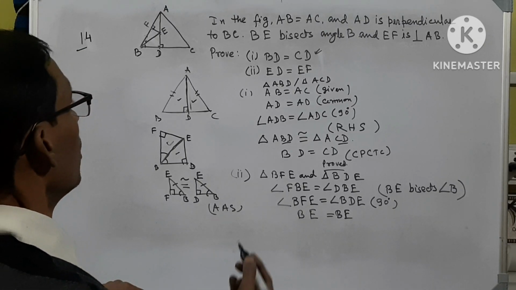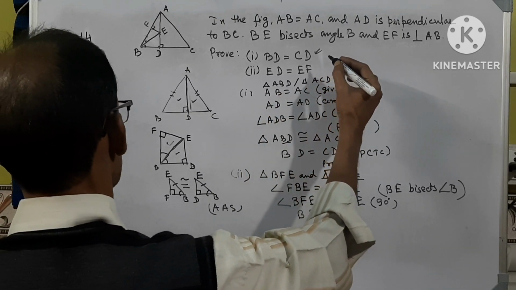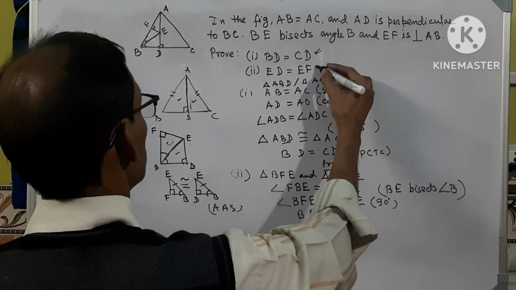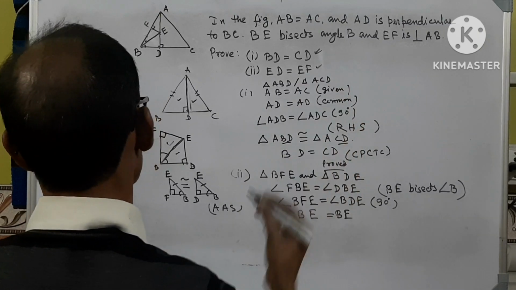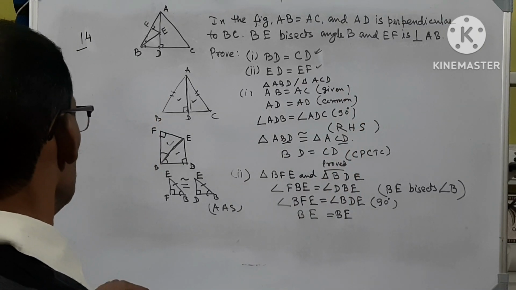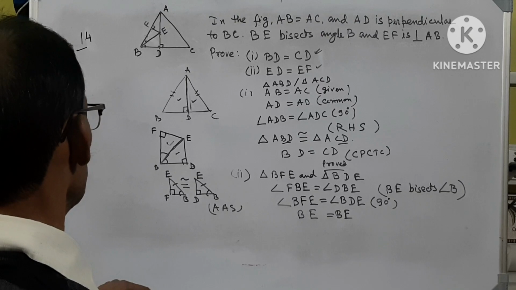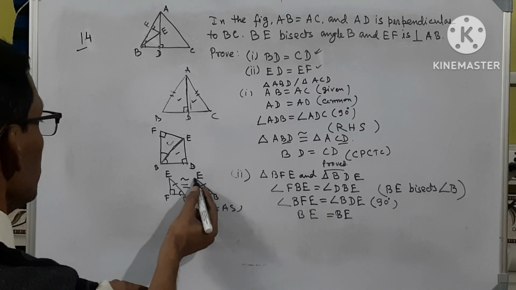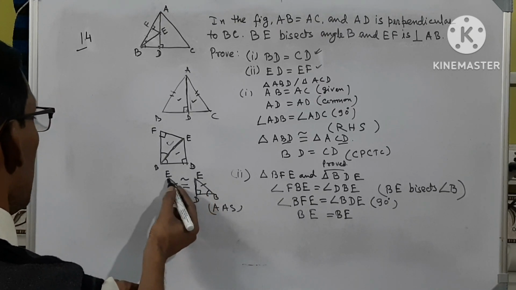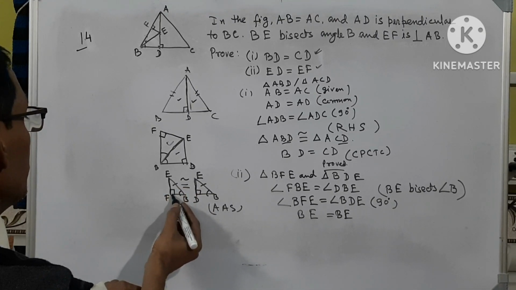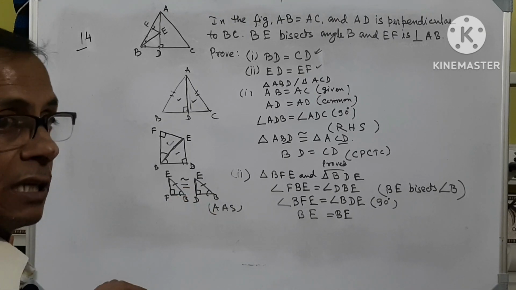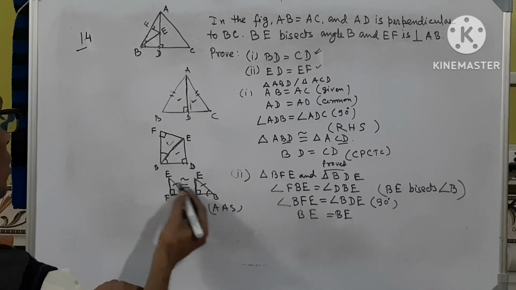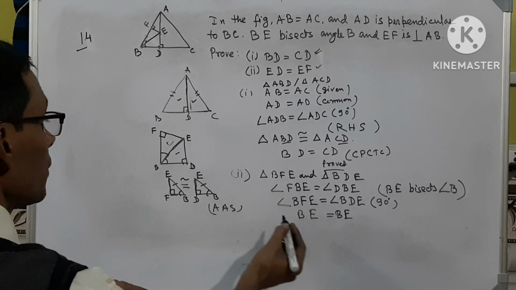And you have to prove ED equal to EF. So ED is this side and EF is this side. Both are falling on the left side. So they are corresponding.